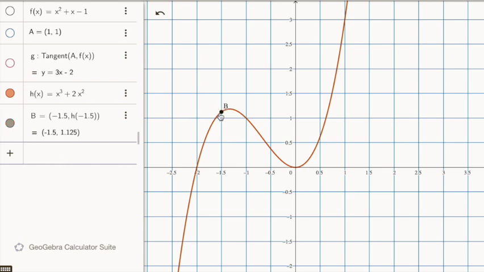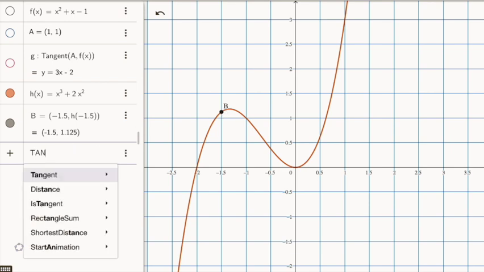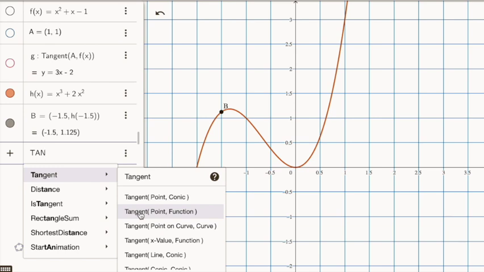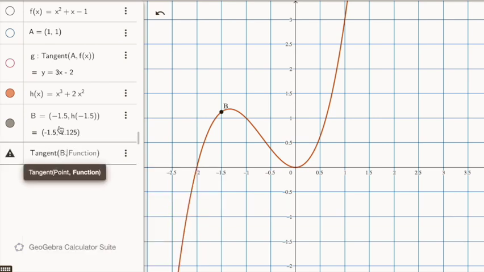So if I want to find the tangent line on this cubic at that point B, I want to use the command tangent. I'm going to use this option right here, tangent point function. I want to find the tangent line at B of this function h.